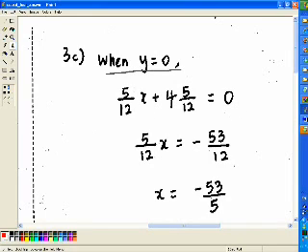What they do is they subtract 4 and 5 over 12 on both sides. 0 minus 4 and 5 over 12 will give you a negative 53 over 12. They leave it in improper fraction. This is actually the same as this.